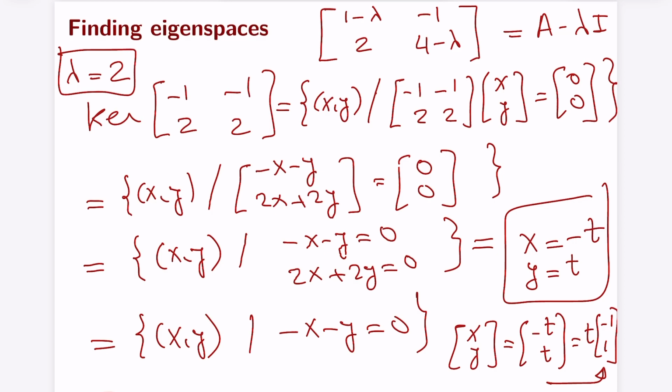We can say that the kernel is the space generated by minus 1, 1, or the basis of the space is minus 1, 1. Or you can say just that the space is the set of x, y such that x equals minus t and y equals t. All are equivalent ways to calculate the kernel.